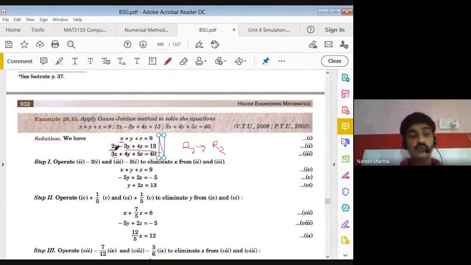So this is 2, minus R1, and R1 here is 1 only. So how does this 2 become 0 with the help of this one? If we multiply this with minus 2. So this R1 we multiply with minus 2. So R2 minus 2 R1 we can use.